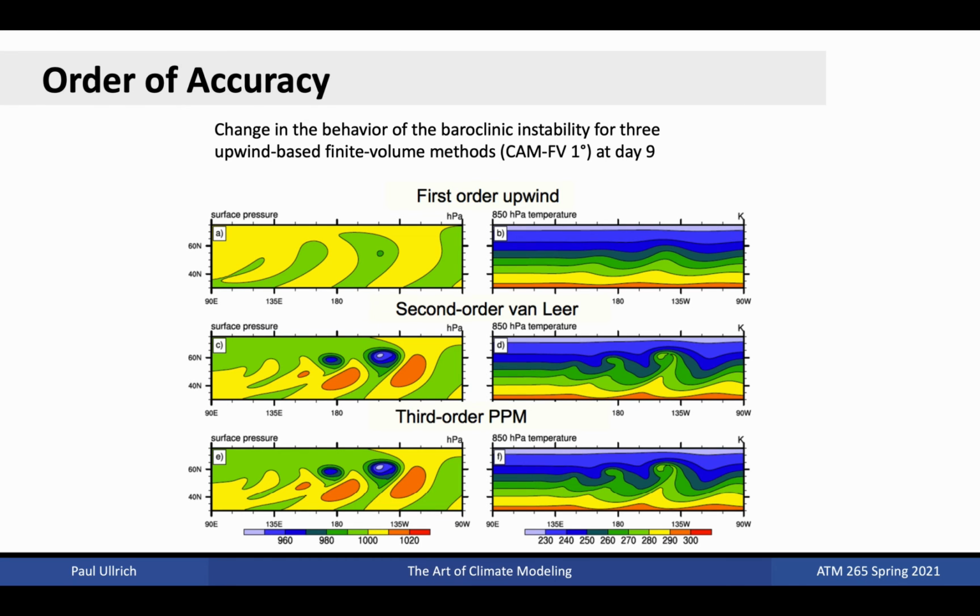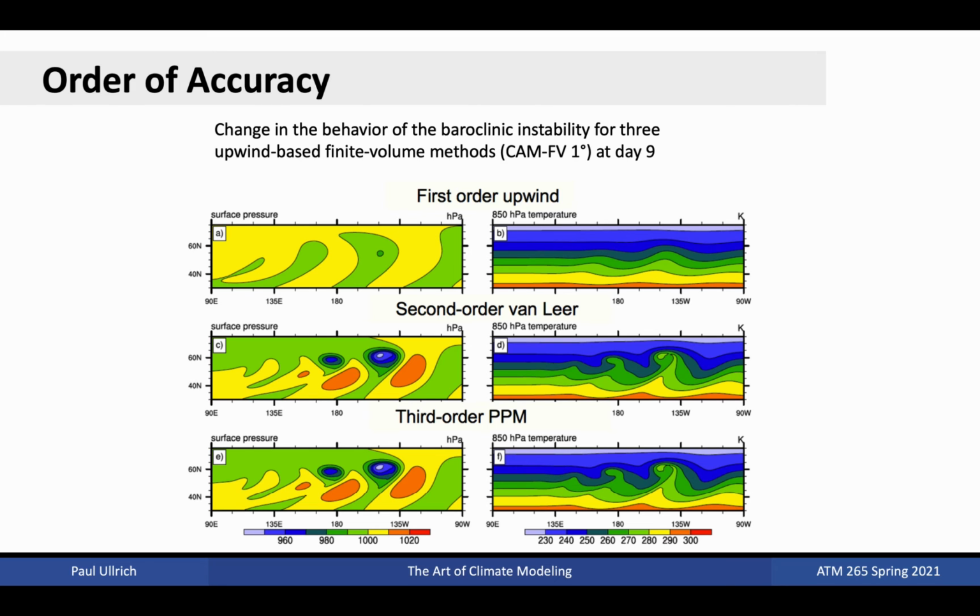The results from swapping out the advection scheme in the dynamical core with schemes of various orders of accuracy, as applied to the baroclinic instability test case at day 9, are shown on this slide. Both the second-order scheme here and the third-order scheme feature monotonic limiters that introduce targeted nonlinear dissipation into the flow. At the top, we see the first-order upwind method just discussed.